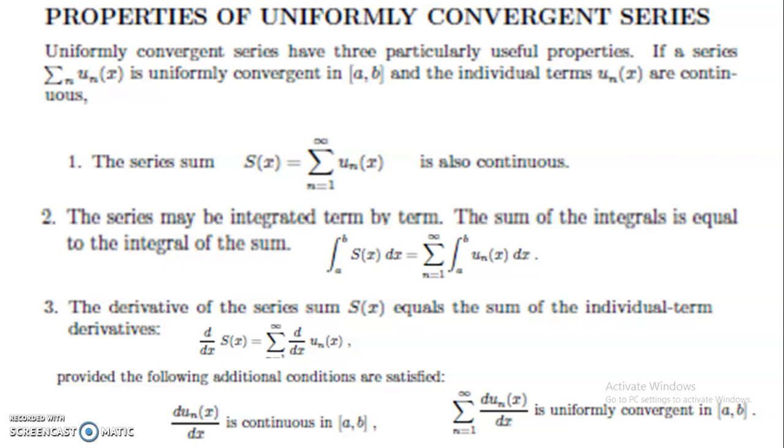Uniformly convergent series have three particularly useful properties. Very significant properties these are.